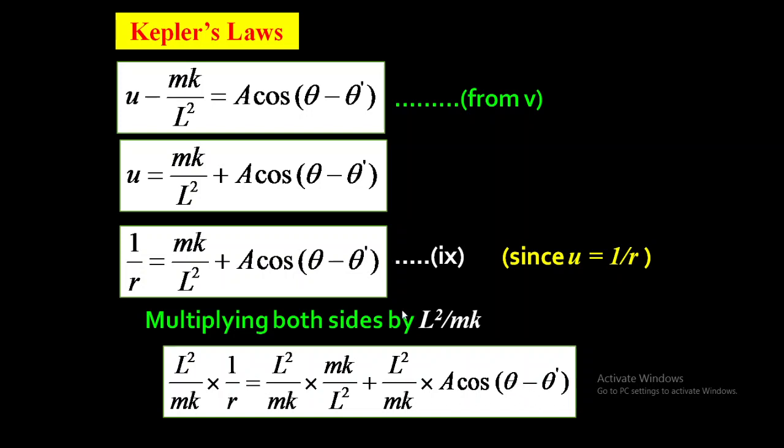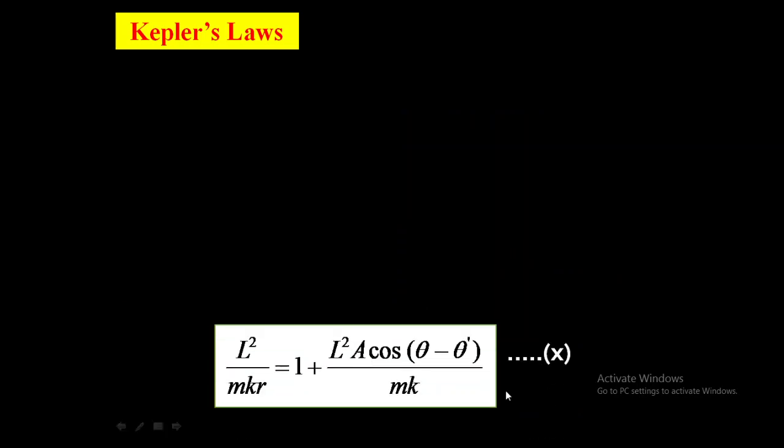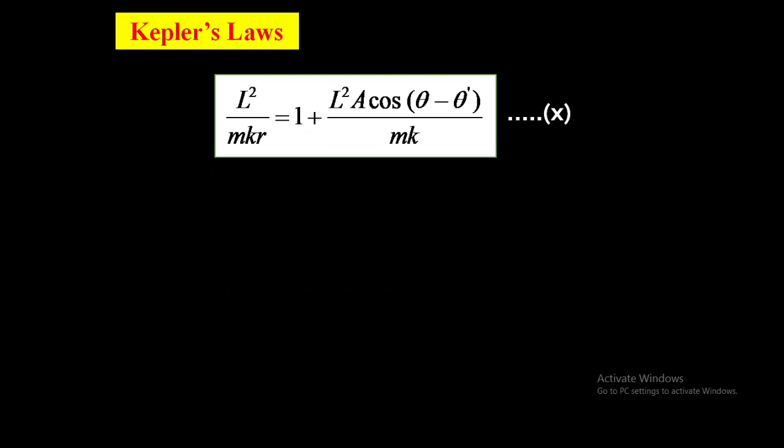The terms L square by mk and mk by L square cancel out. Now we remain with L square upon mk r is equal to 1 plus L square a upon mk cos (theta minus theta dash). Suppose this is equation number 10.